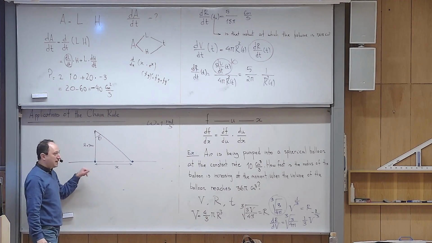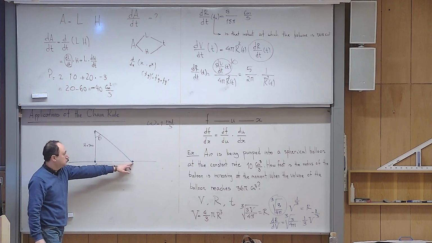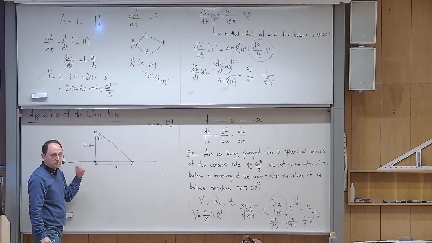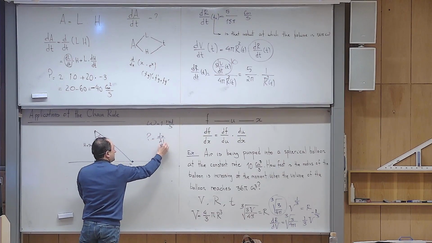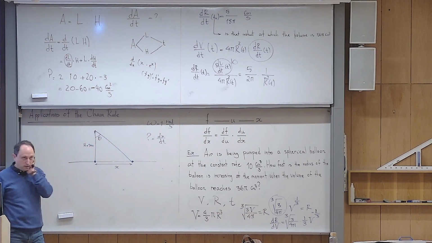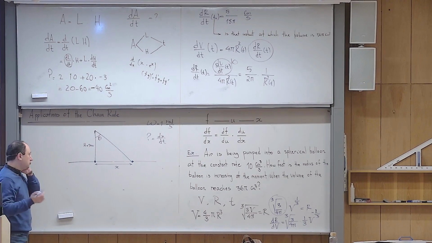When I want to calculate the speed of this moving point, what am I interested in? I am interested in the rate at which x is changing over time. So the question mark of this problem is dx/dt. Yes? What you did is completely correct.